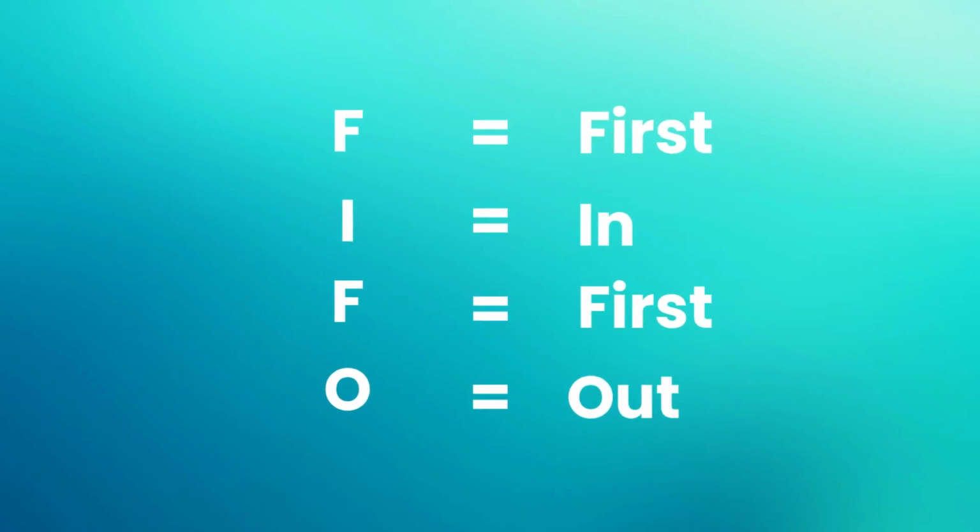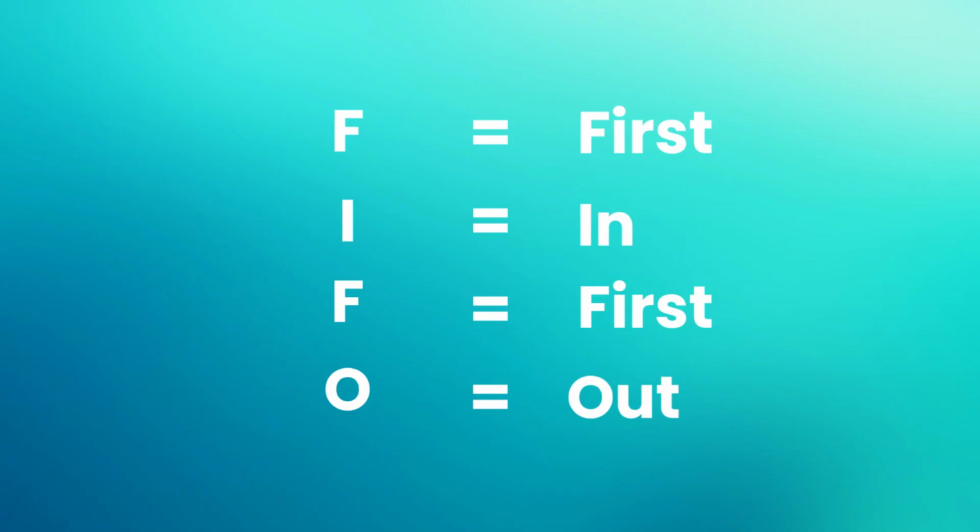Now, one of the principles of queue is the FIFO principle. Now, let us discover what does it mean. The FIFO principle refers to first in, first out.